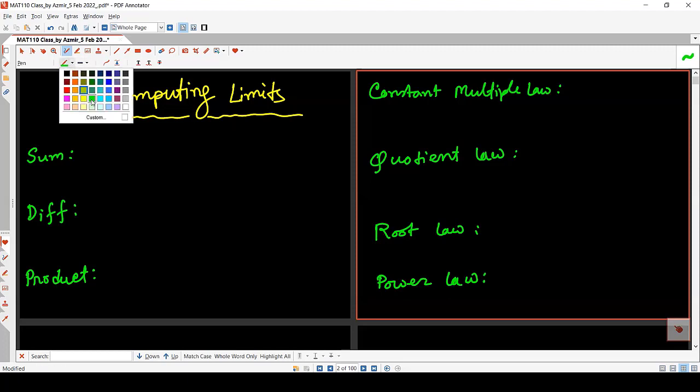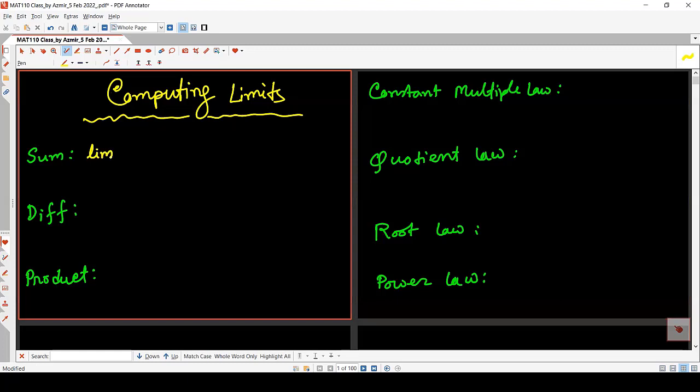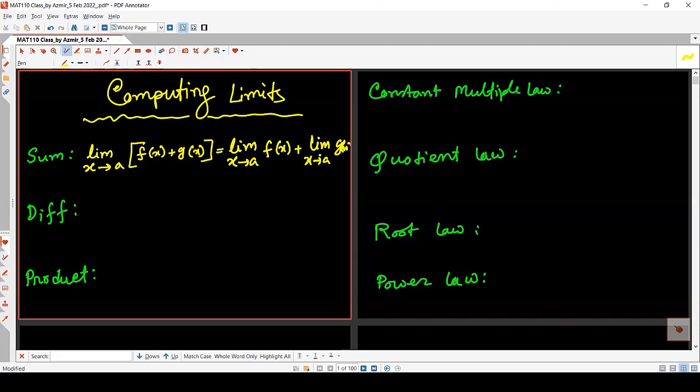So what is sum law? Sum law says that limit of f of x plus g of x will be equal to limit of f of x plus limit of g of x.